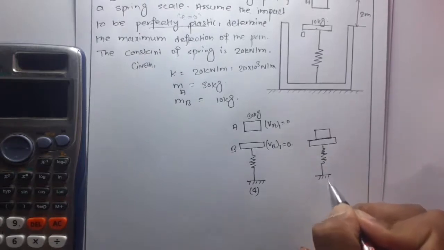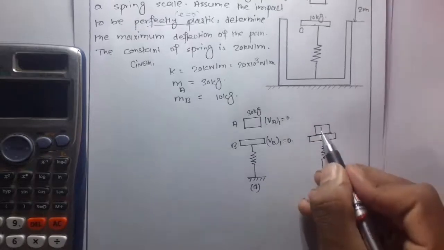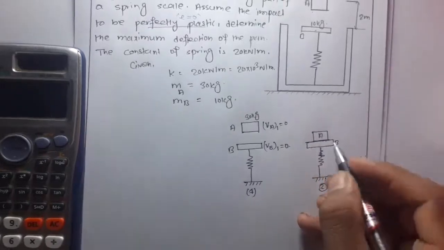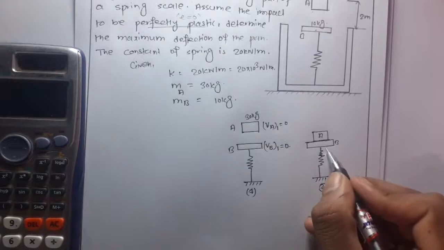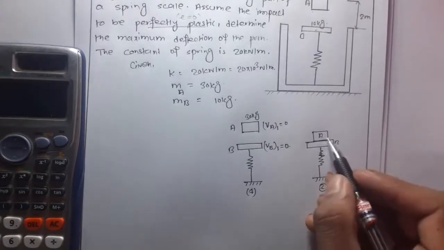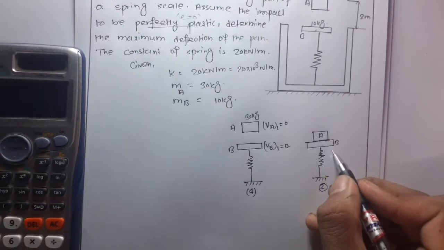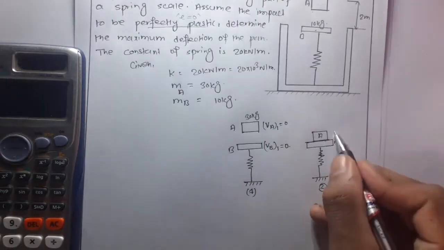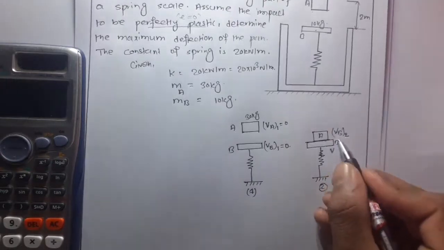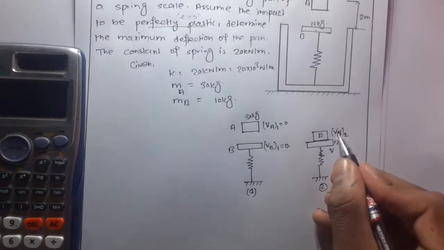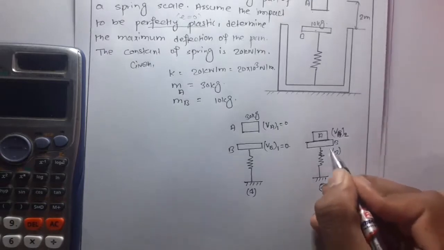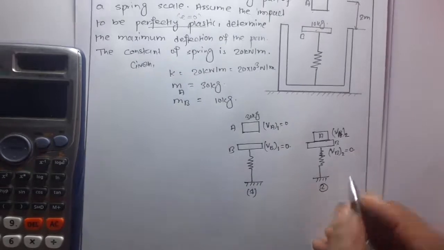This is position 2, this is A, this is B. Immediately after block A is dropped onto pan B, there is a certain value of VA2 but VB2 is 0.